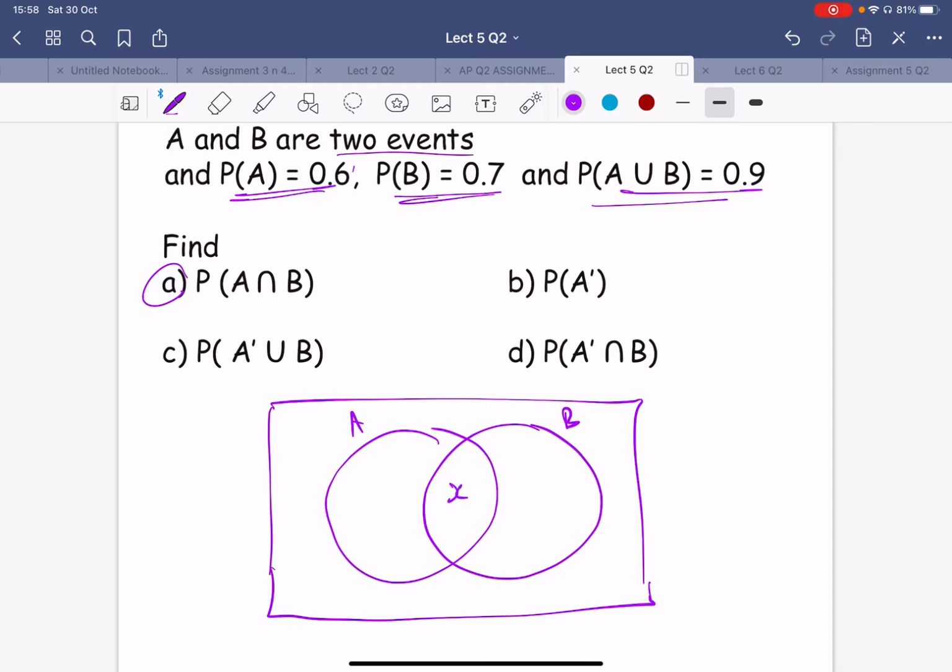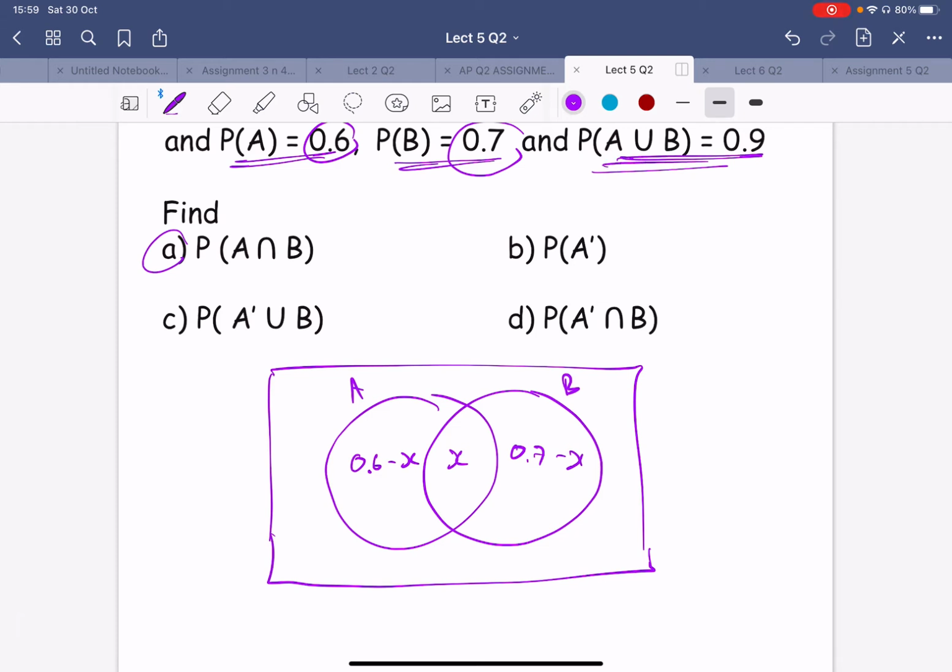I know that the probability of A is 0.6, so A only will be 0.6 minus X. How about B? The probability of B is 0.7, so B only will be 0.7 minus X. Now I know that A union B is 0.9.